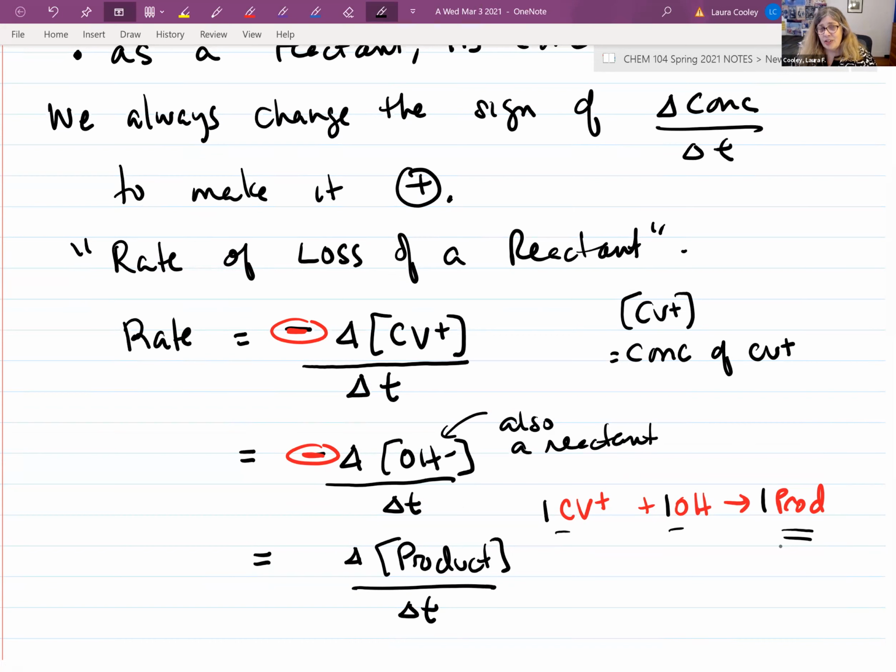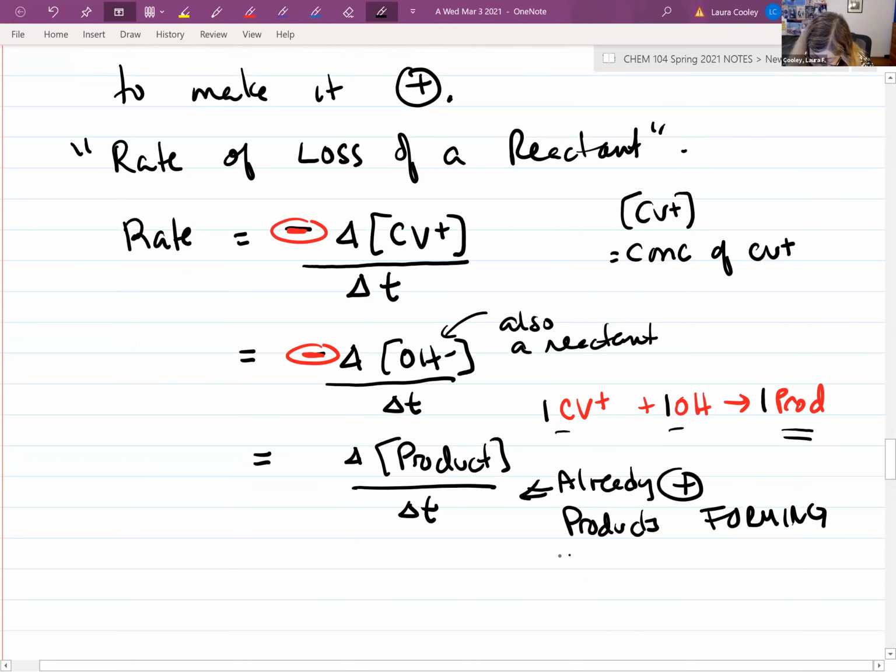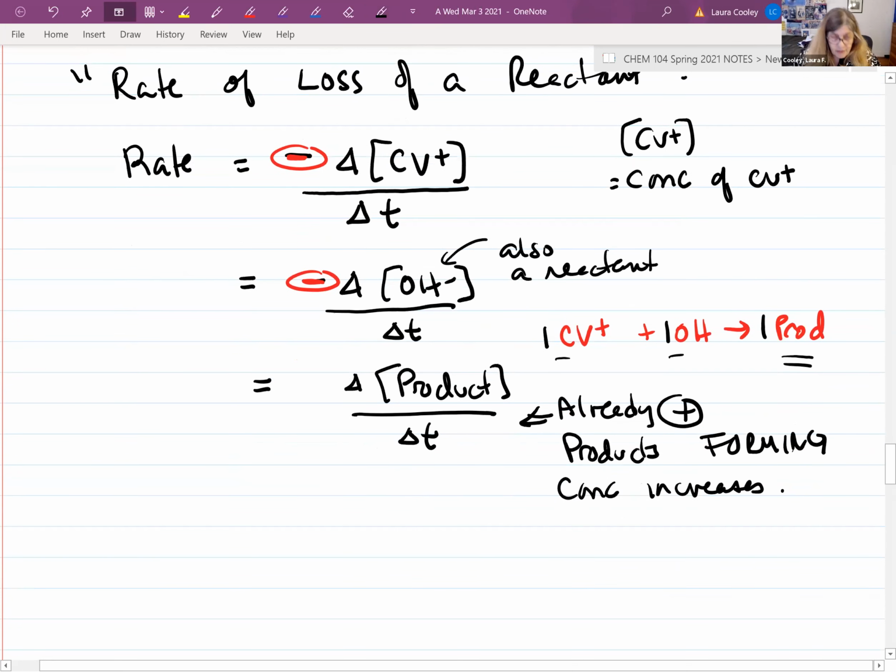So product concentrations are increasing. So I don't have to do anything. This is already positive. Why is it already positive? It's because products are forming. Their concentration is increasing. So we don't have to worry about those silly difficulties, all right?